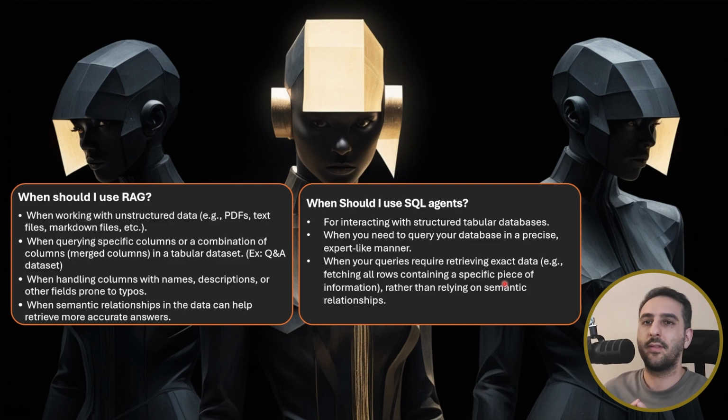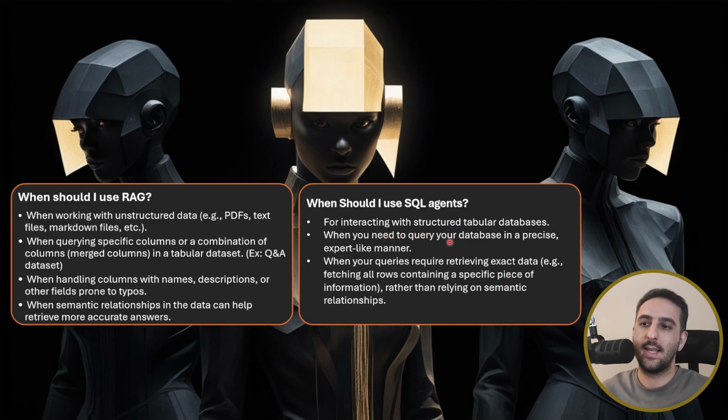So at the end of the first video, I tried to clarify this point by comparing different questions that you can or you can't pass to a RAG pipeline. And also I showed how SQL agents allow you to have more power over your databases. So this is what I mean here.